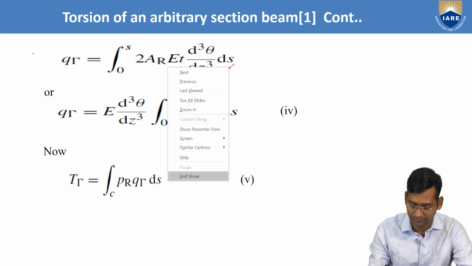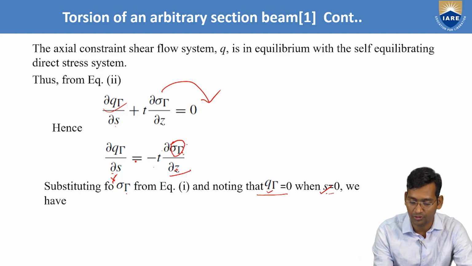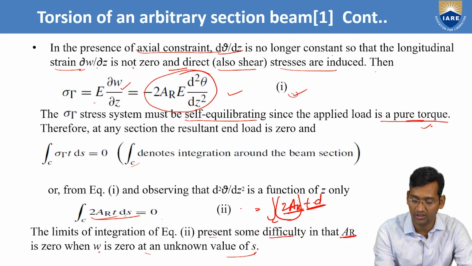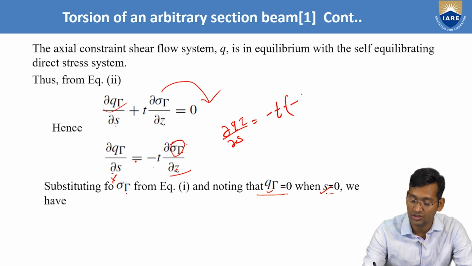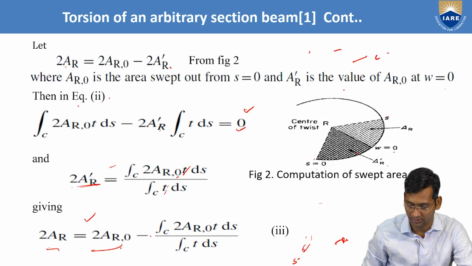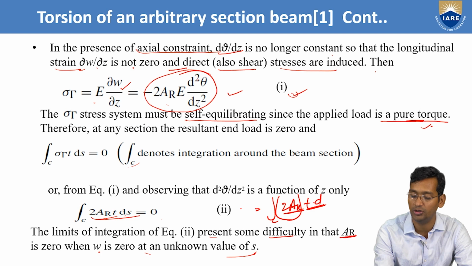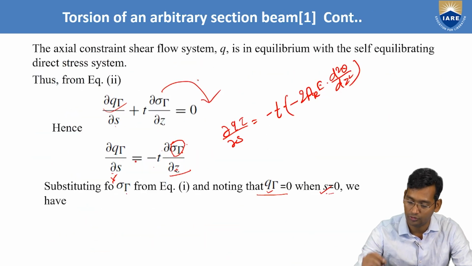After substituting here, we can see what happened. Del Q tau by del S equals minus T into, what is sigma T? See here, sigma T is minus 2ARE into d2 theta by dz squared. That we used. So now this minus becomes plus.